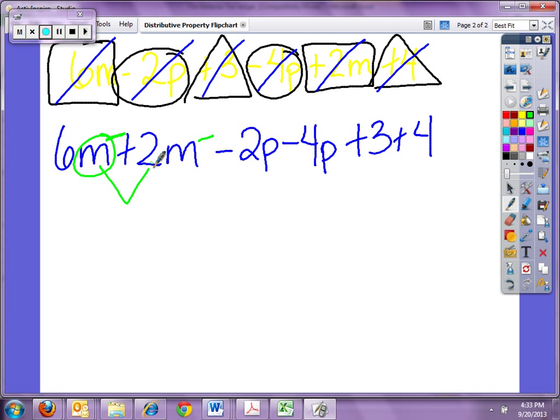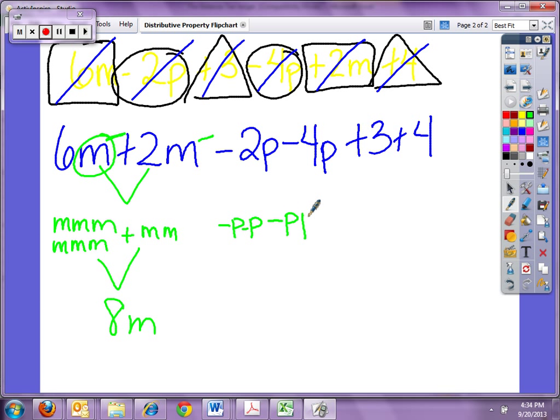So I have 6m's plus 3 more m's, which gives me 9m's. And here I have 2 negative p's, and then I have 4 more negative p's. So I have 1, 2, 3, 4, 5, 6. So I have negative 6p.